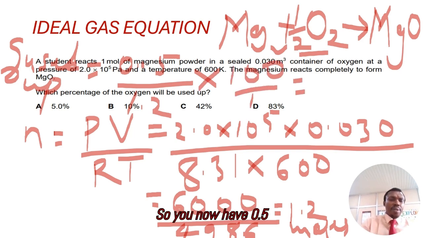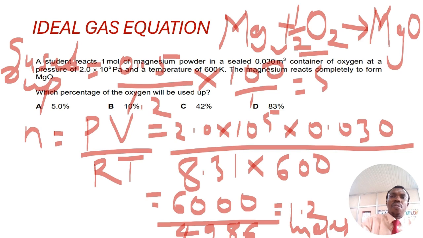So you now have 0.5 times 100, which is 50, divided by 1.2.